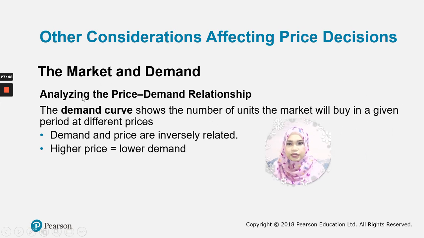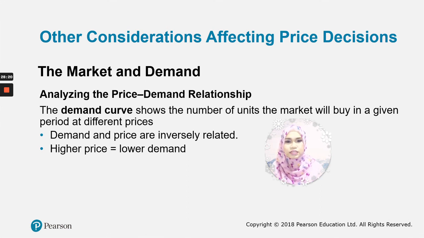Now, in analyzing the price-demand relationship, there will be a demand curve that shows the number of units the market will buy in a given period at different prices. The demand curve shows that typically the cheaper the price, the higher the demand, while the higher the price, the lower the demand. Things that are expensive, people don't want to buy, but things that are cheap, everybody wants to buy.